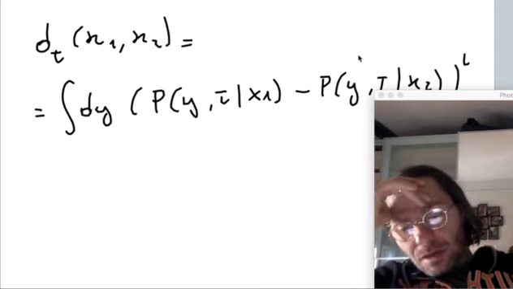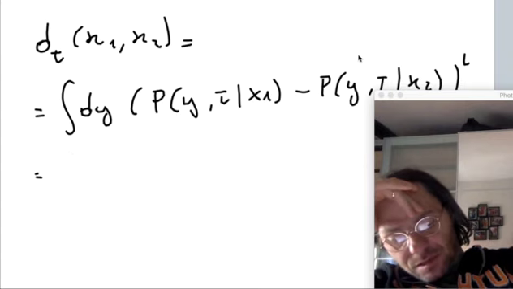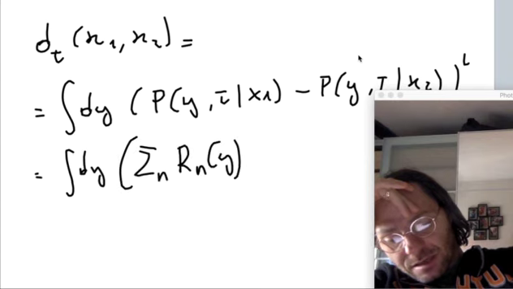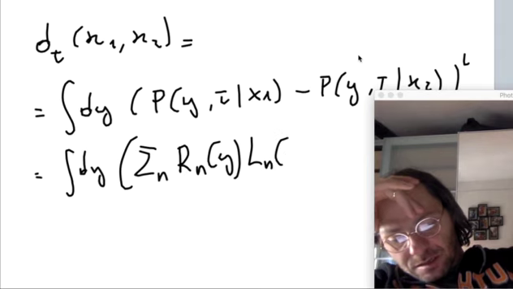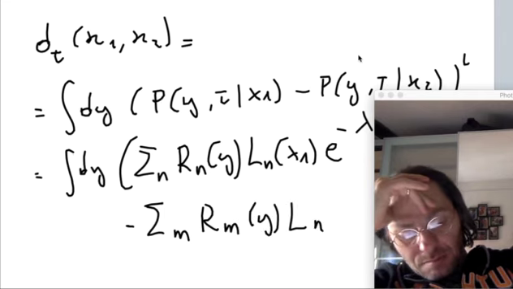Why? Because if I perform a spectral representation of this, let me write it this way: sum over n, right eigenfunction n of y, left eigenfunction n of x1, e to the negative lambda n tau, minus the sum over m, right eigenfunction m of y, left eigenfunction m of x2, e to the negative lambda m tau.